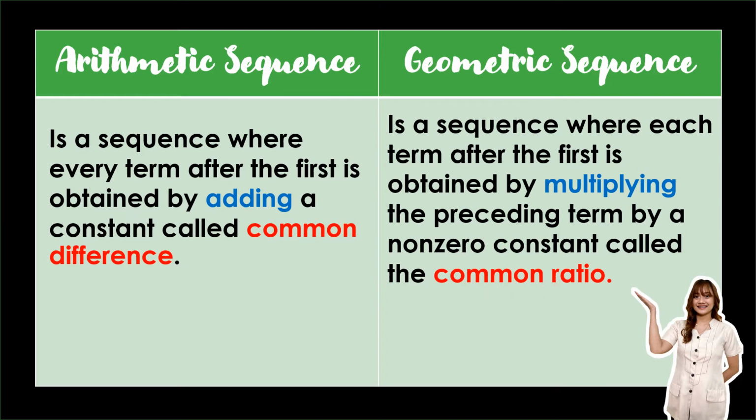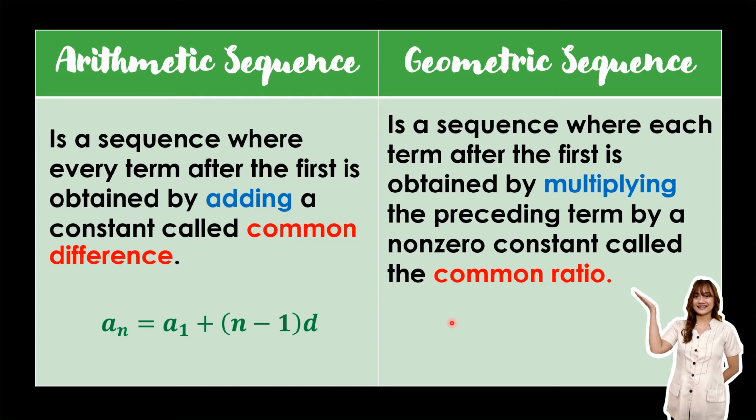Now, these two sequences vary in their formula. The formula for arithmetic sequence is a sub n equals a sub 1 plus the quantity n minus 1 times d.